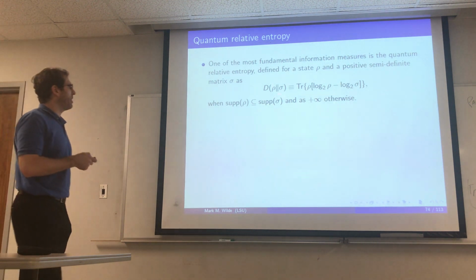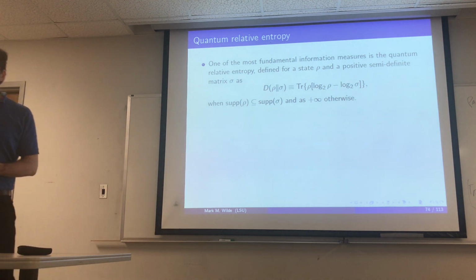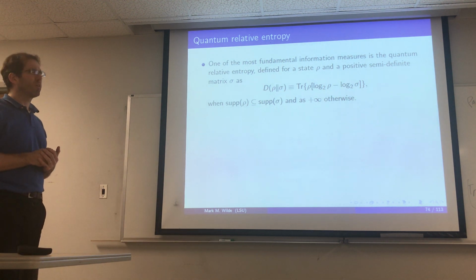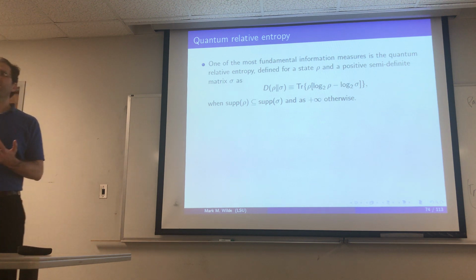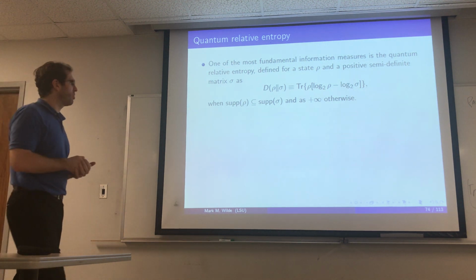I'm actually going to start with a measure called quantum relative entropy. Okay? So it's a way to compare two density operators, two quantum states. Maybe you want to characterize how close they are, how distinguishable they are. So you use this relative entropy.